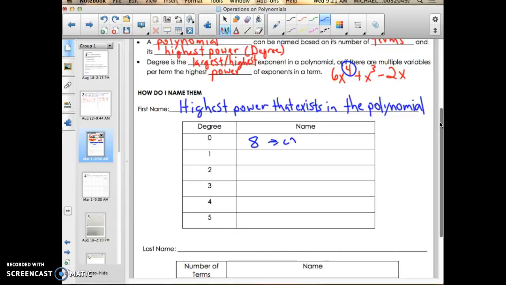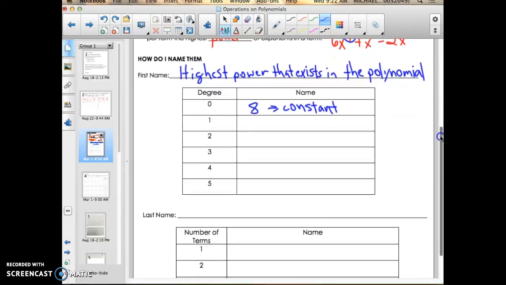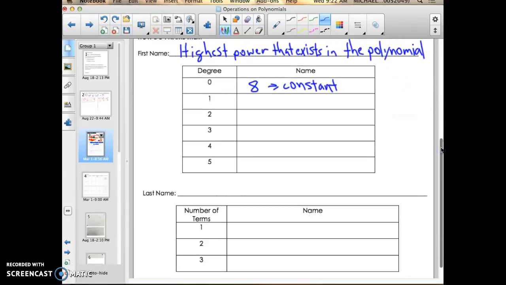All this is a constant. It doesn't have a power, it's just a number. Degree 1, any linear term variable, for example x. This is called linear. Degree 2, x squared, highest power of 2. This is called quadratic. We've been working with quadratics up until now in modules 2 and 3.